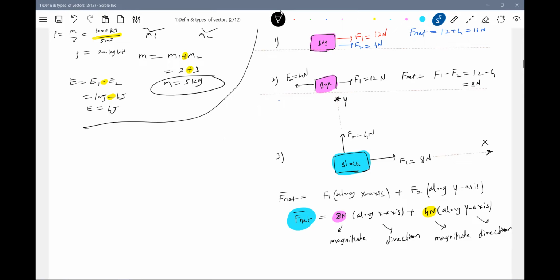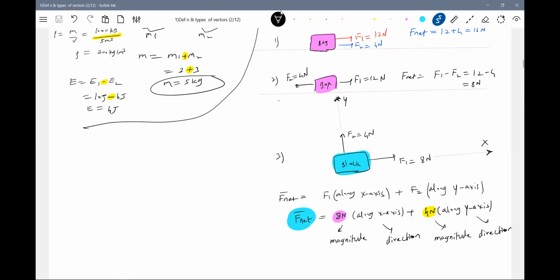Able to get this one? So definitely there is something we don't know. We don't know how to add two quantities which are having direction, and for that purpose we have to design a mathematics. That is what we are going to call vector algebra.